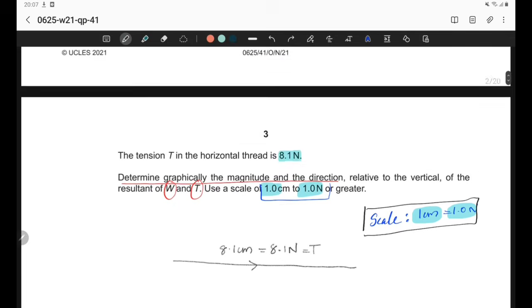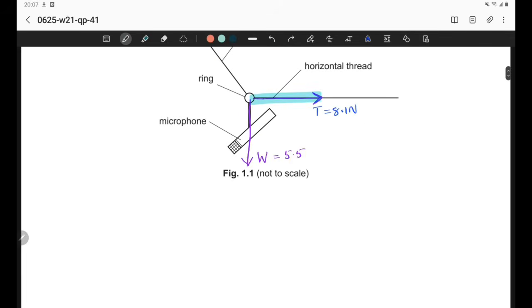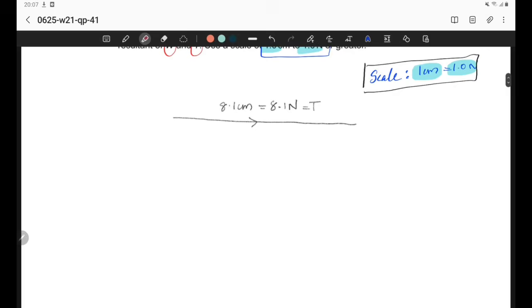Next, we can draw the other force, that is weight. As we can see, it is vertically downward. But when drawing, we cannot draw it on this side, because then the tail of one vector is touching the tail of the other vector. That is not possible.